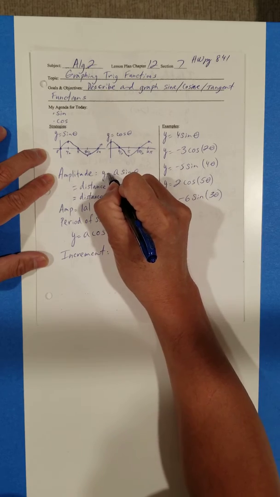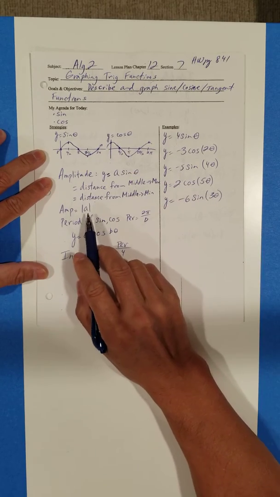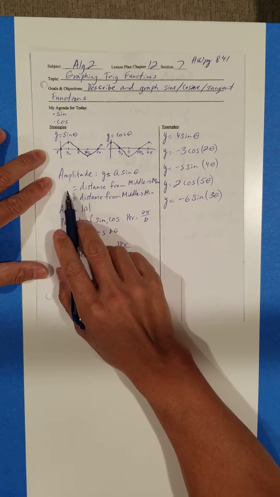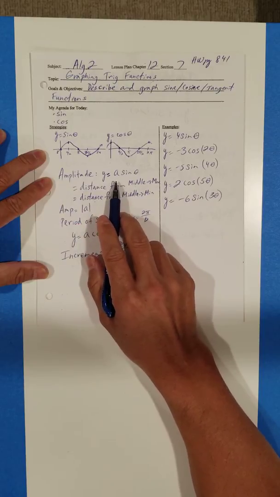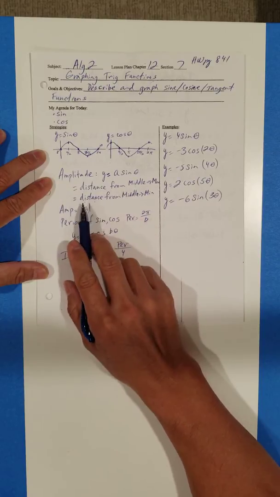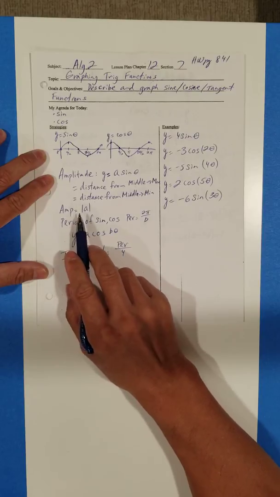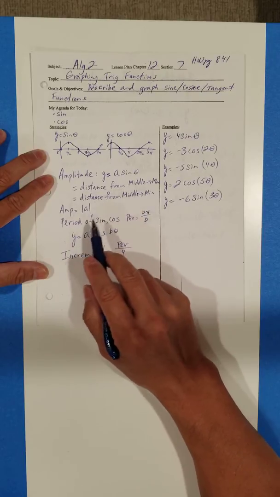a sine, okay? Now, a is called the amplitude. The number in front of sine or cosine is the amplitude.